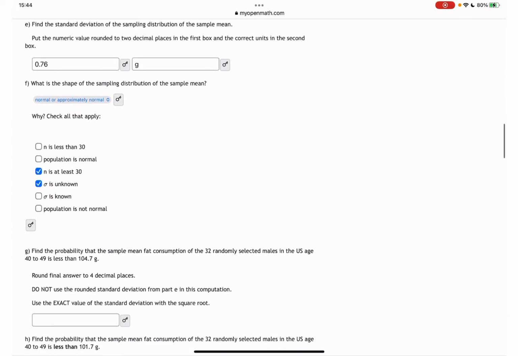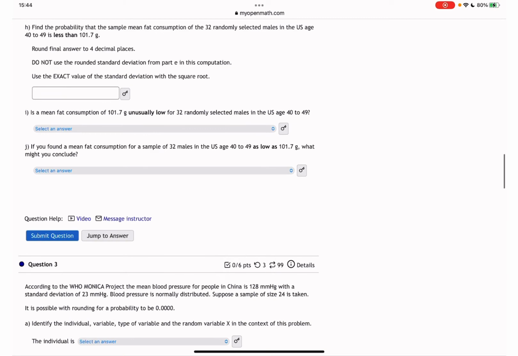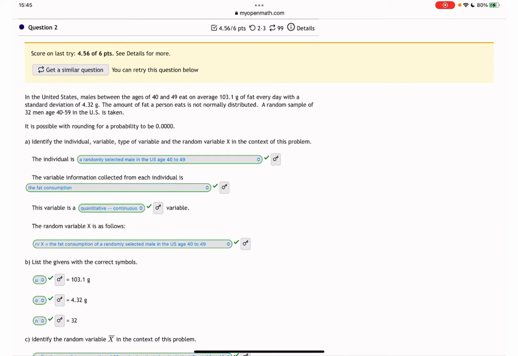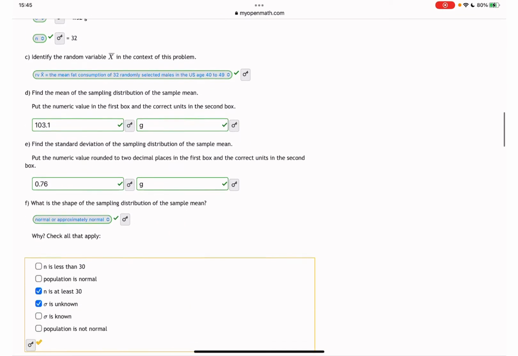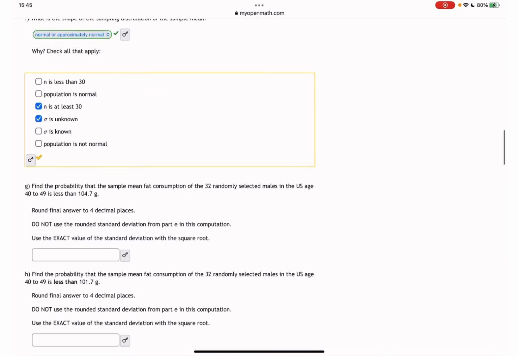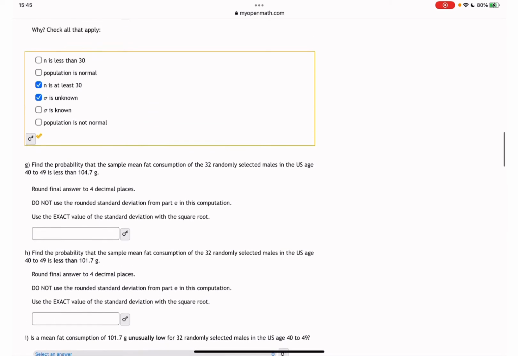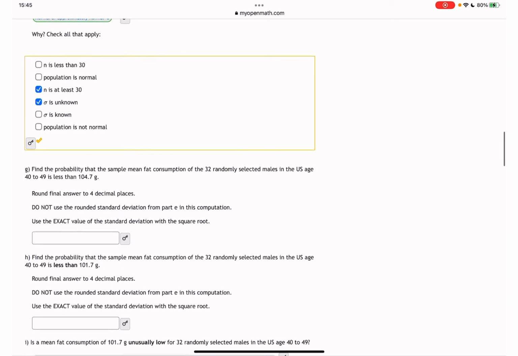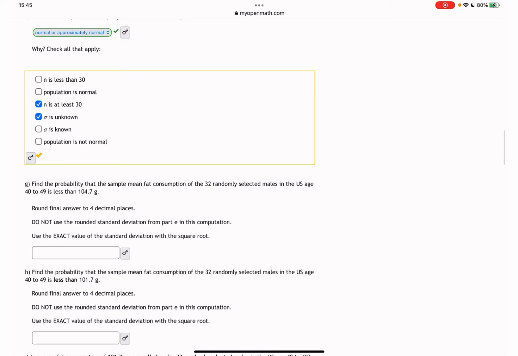Let me check what we have so far. Everything is correct, we did it right. It is correct: at least 30 and sigma is known. We are good. Okay, next one.